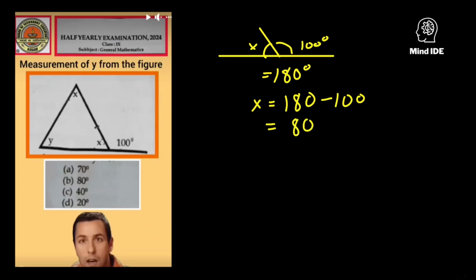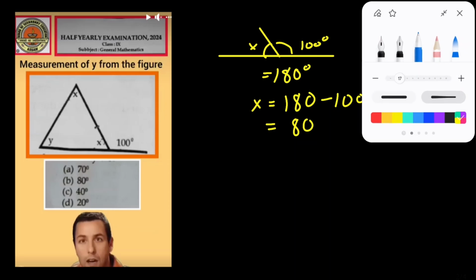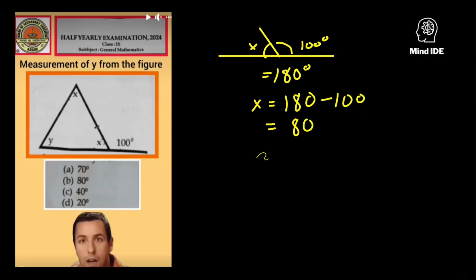We have x and x, which are both going to equal the same. So we have 2x plus y, which needs to equal a triangle equals 180 degrees as well.